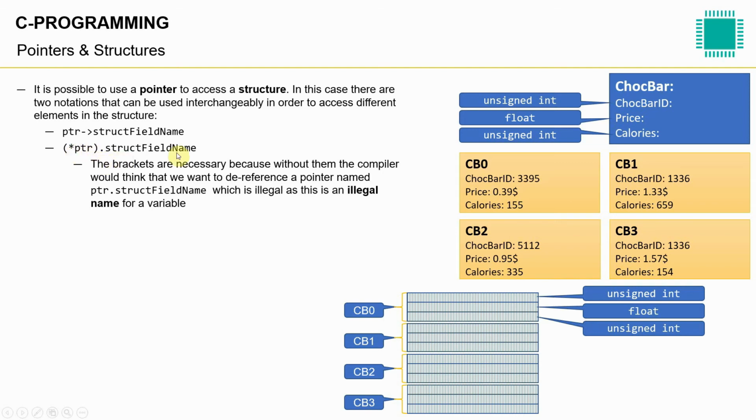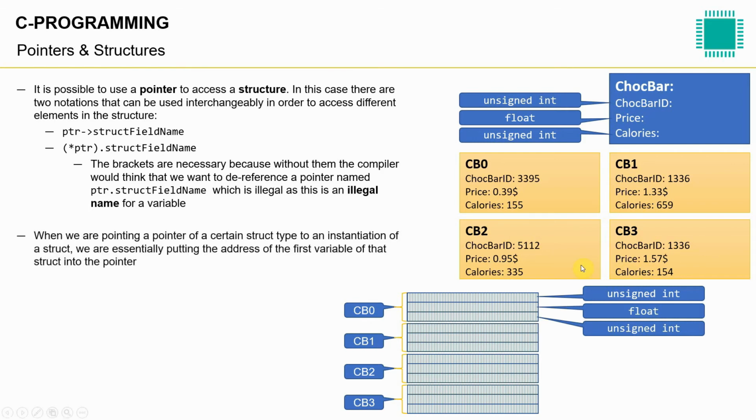Well, the brackets are necessary because without them the compiler would think that we want to dereference a pointer named ptr.something, which is illegal as a name because it has a dot, and variable names are not allowed to have dots in them. Also there is no such variable called ptr.something. So this is why it would not work.